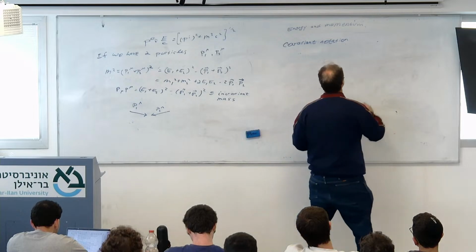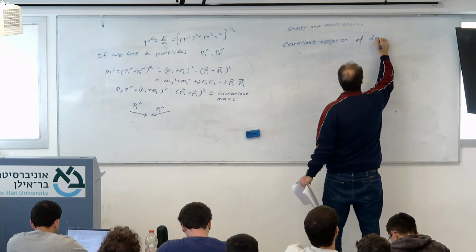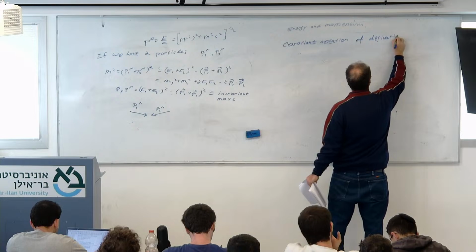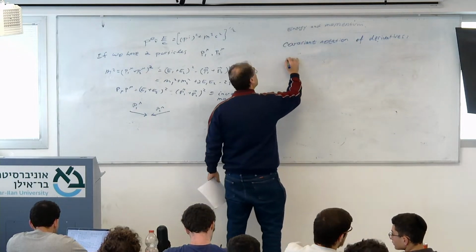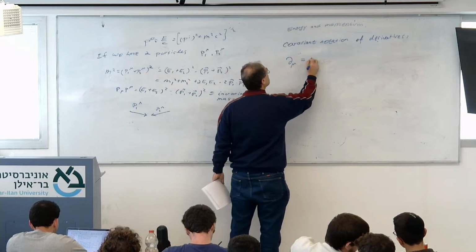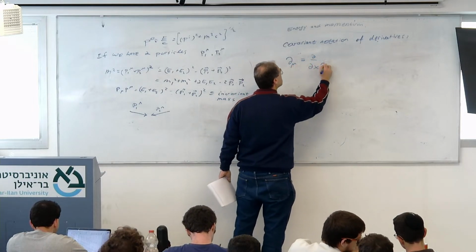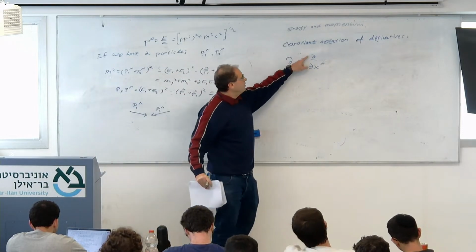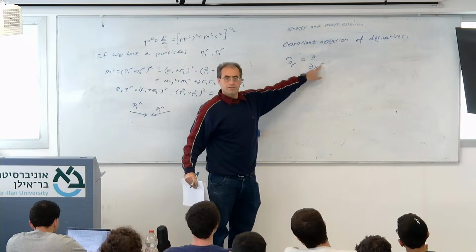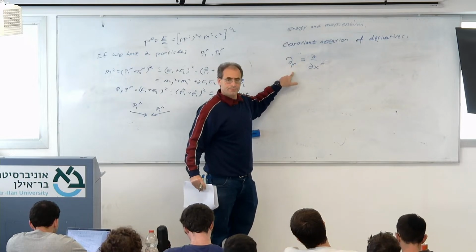Covariant notation of derivatives. I will use d mu, which is d over dx mu. So d over dx mu is an upper index, and d mu has a lower index.